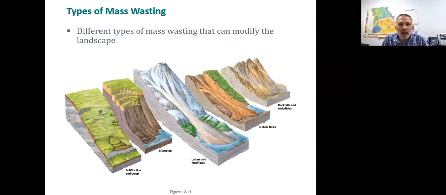So when we start looking at these different types of mass wasting, we can really see how the landscape is being altered in response to them. So what causes a mass wasting anyway?